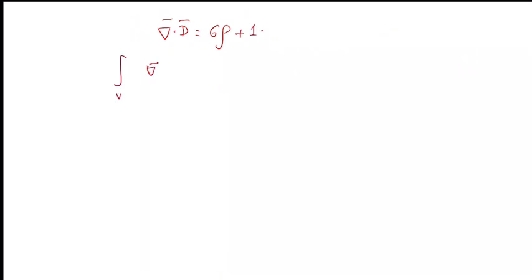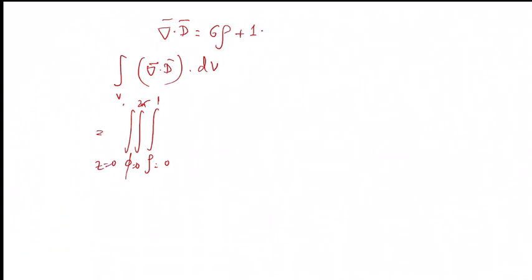Okay, so now the volume integral is given by divergence of D dV. Now we know rho is varying from 0 to 1, phi is varying from 0 to 2 pi, and z is varying from 0 to 5. So the divergence of D is coming out as 6 rho plus 1, and the elemental volume we have already determined is rho d rho d phi dz.